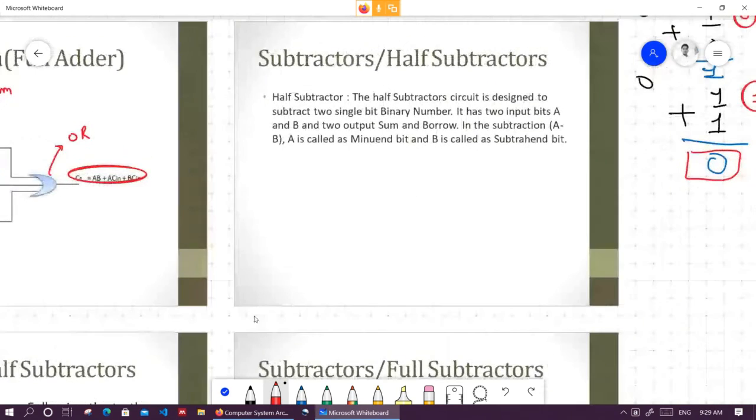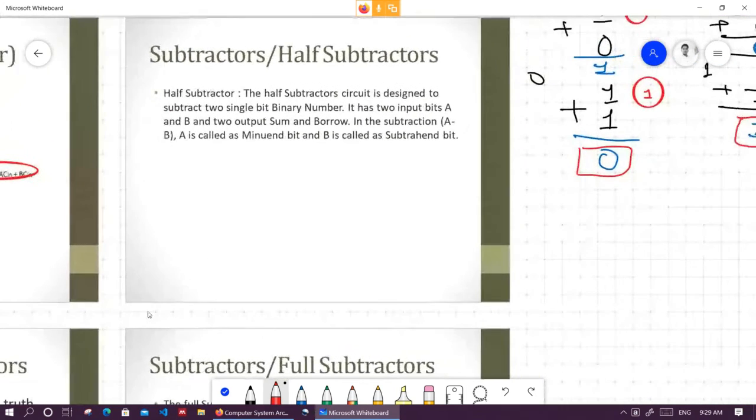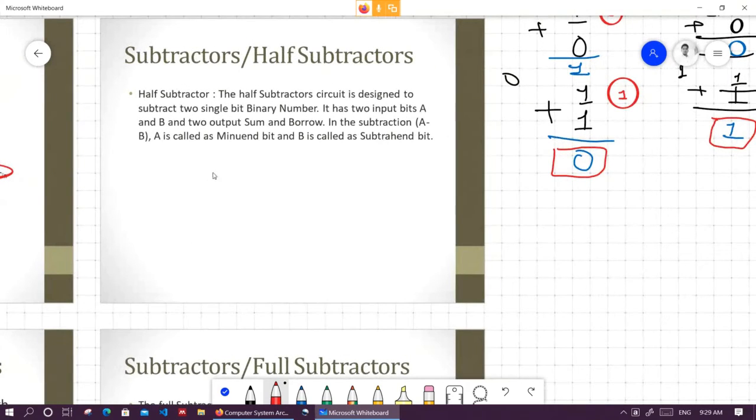Now coming to the half subtractor. In the case of half subtractor, the same scenario of half adder will be there.